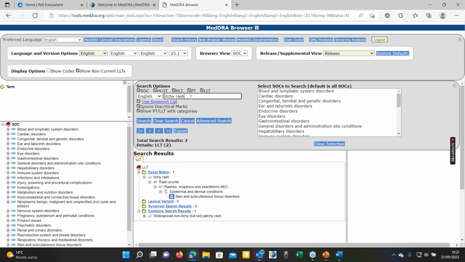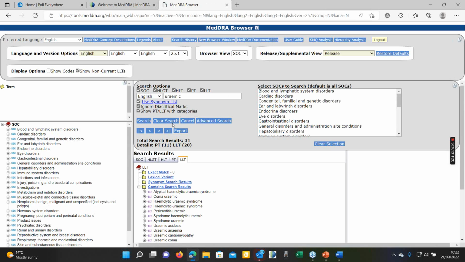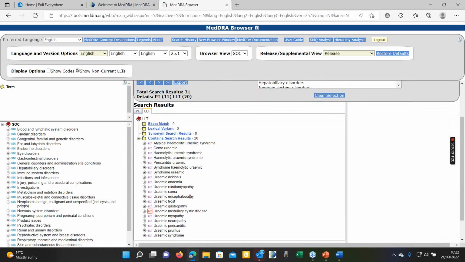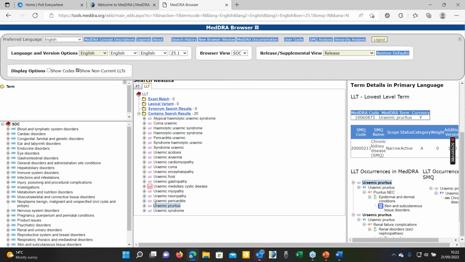So we could split code, or let's have a look if there's a uremic rash. If there's an itchy rash, maybe there's a uremic rash. No, there's no uremic rash, but if I just look up uremic, you'll see that we do have some uremic conditions, coma, gastropathy, pruritus. So there are some things given. This captures the itchiness.